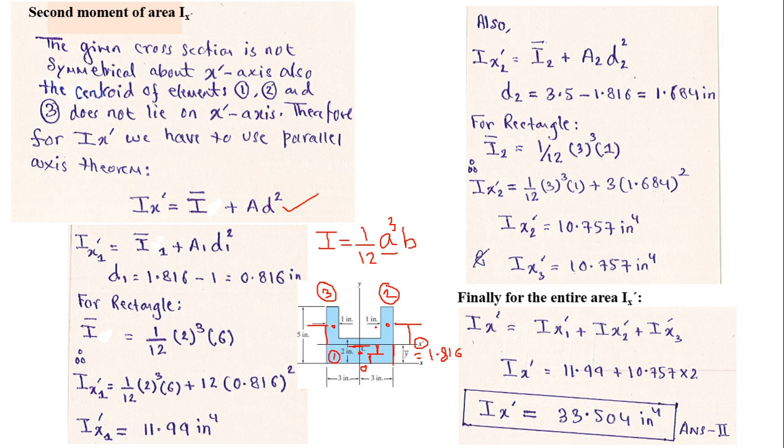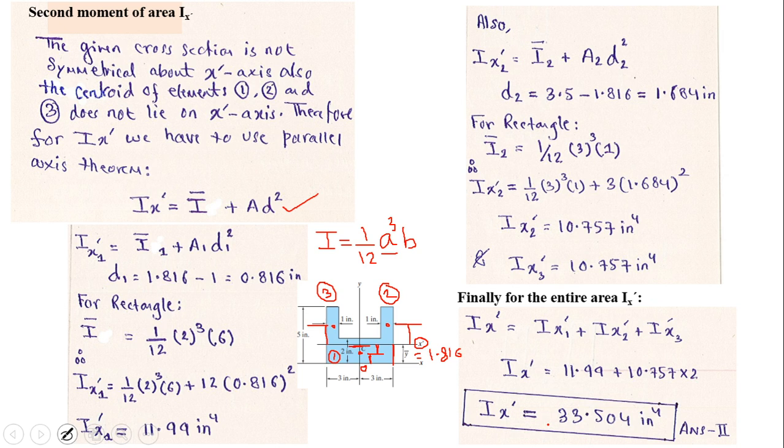So therefore, in order to find the second moment of area of this entire cross section about the x dash axis, you just have to simply add the second moment of areas of individual shapes that you have calculated about the x dash axis. So Ix dash will be equal to the sum of all these moments of area that you have calculated, that is Ix1 dash plus Ix2 dash plus Ix3 dash, and that gives you 11.99 plus 10.757 into 2.